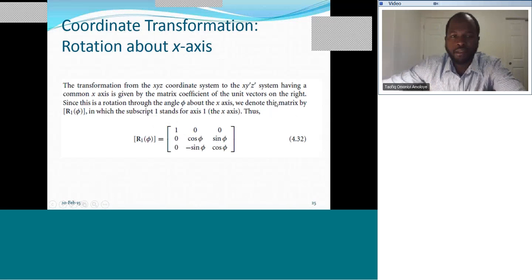Since it is a rotation through the angle phi about the x-axis, such rotation is denoted by R1 phi, in which the subscript 1 stands for axis 1, that is the x-axis, so that we can write the matrix coefficient of that rotation as R1 phi equals this direction cosine matrix, denoted by equation 4.32.